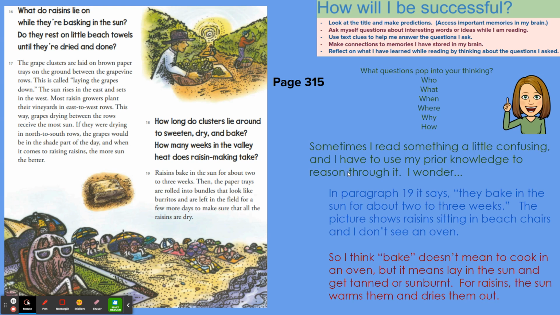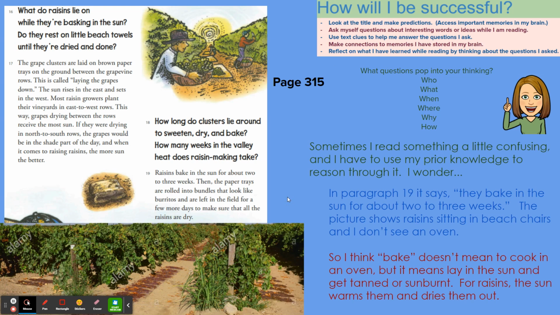Mrs. Williams likes to bake herself in the sun in the summer. For raisins, the sun warms them and dries them out. So they don't get a sunburn, it just dehydrates them because they don't drink more water to fluff up. So it sucks all the water out of them and they become dried fruit. This is what it looks like when they lay the raisins down in the rows.